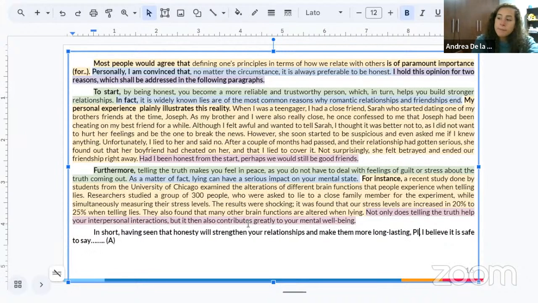Then we can say plus, or and, right? It's up to you. Plus, it also, I don't know, I don't want to repeat, contributes to your mental well-being.